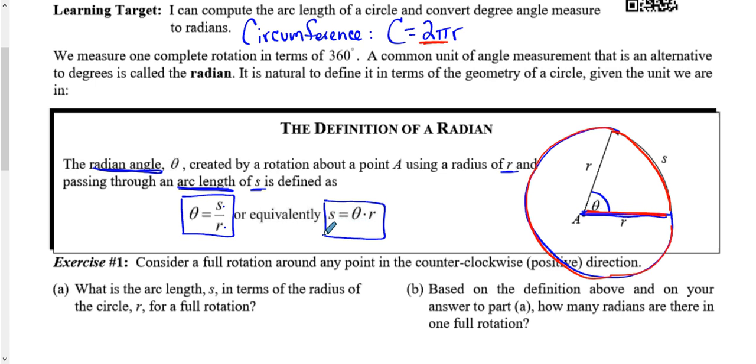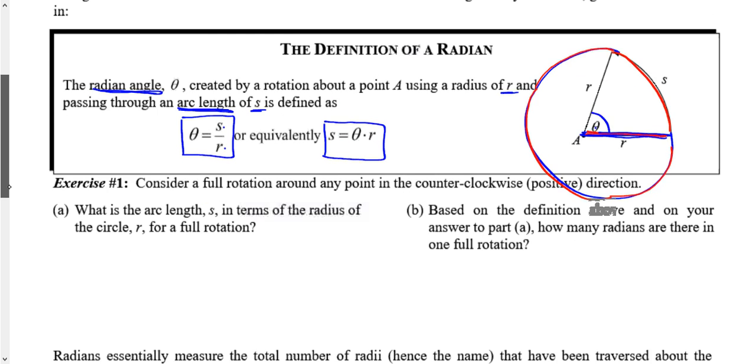Theta times R. So we could start solving problems with these two formulas now, okay? So theta, this angle, equals the arc length divided by the radius, but this arc length S is equal to that angle times the radius, okay?